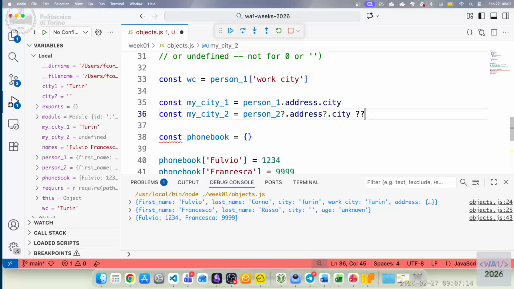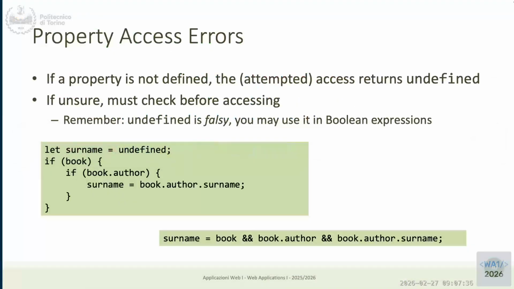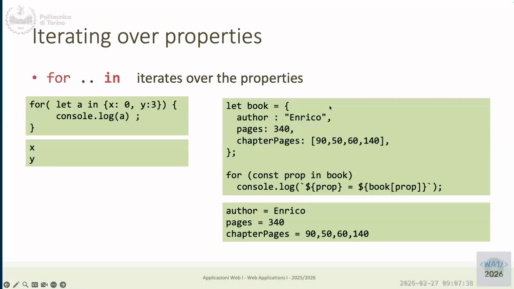Okay? So it's something that we are not used to in many other programming languages, because either the property is there or it's a programming error. Okay? But here we'll see that we are dealing with objects whose properties are dynamic and also depend maybe on some user input or some result that we get from another function. So it's good to be able to reason also with missing fields.